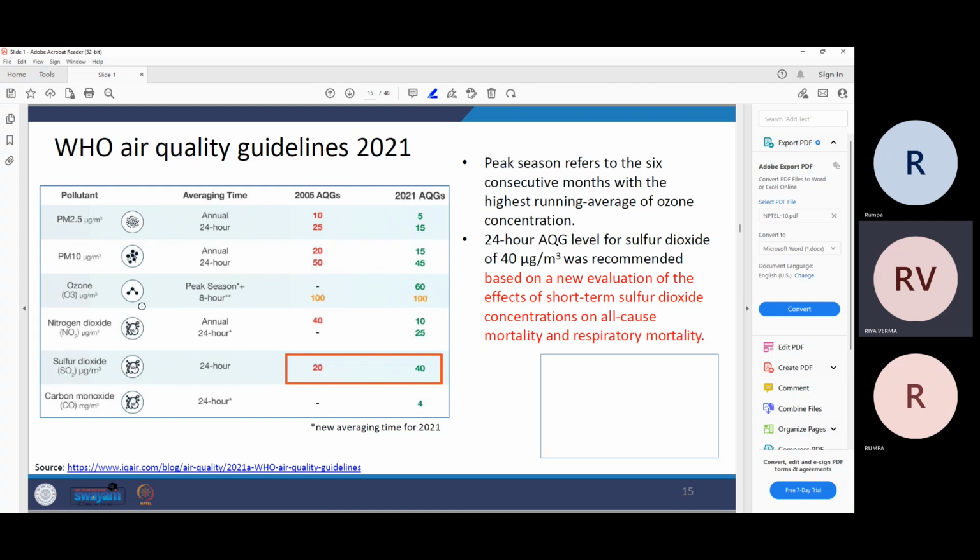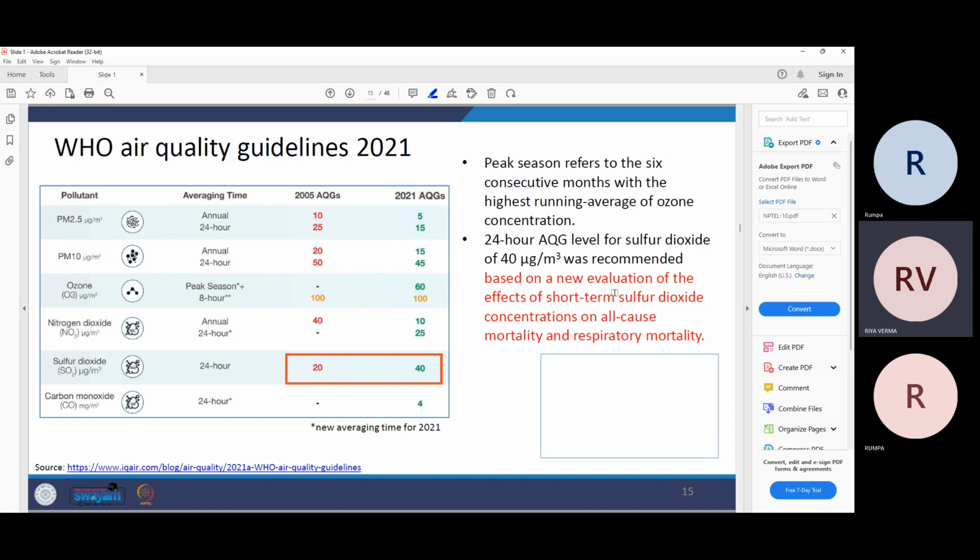Throughout the year, the 6 consecutive months which have the highest value of ozone concentration will be taken as the peak season. Why is this value of SO2 increased from 20 to 40? It is because the 24-hour AQG value was recommended based on a new evaluation of the effects of short-term sulfur dioxide concentration on all-cause mortality and respiratory mortality.